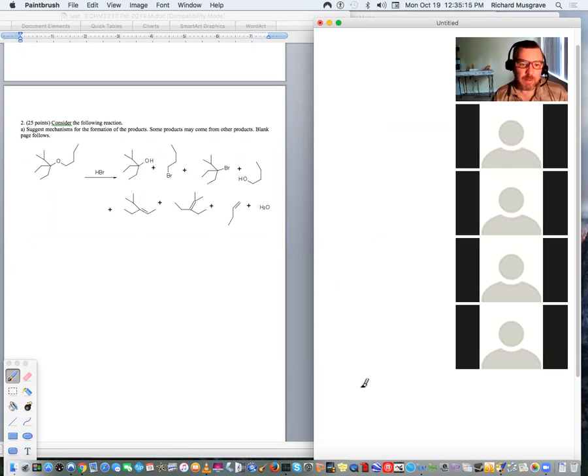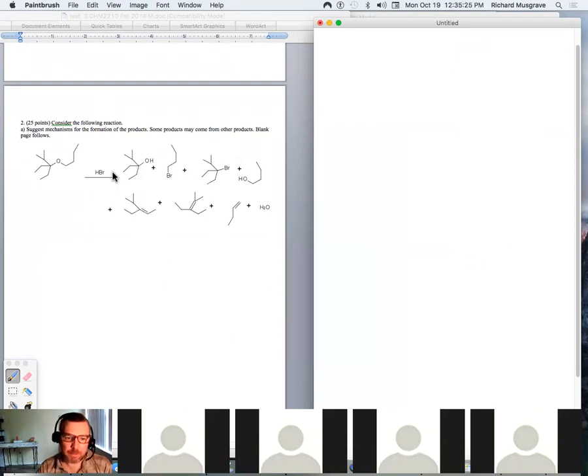Now you'll notice that we have a bunch of products up here that have OHs and BRs. Those are the ones that are a direct result of ether cleavage, which we talked about last time. Now you'll also notice there's these alkenes here. Now these alkenes are a direct result of the reaction of these alcohols to become alkenes. So these alkenes come from the alcohols.